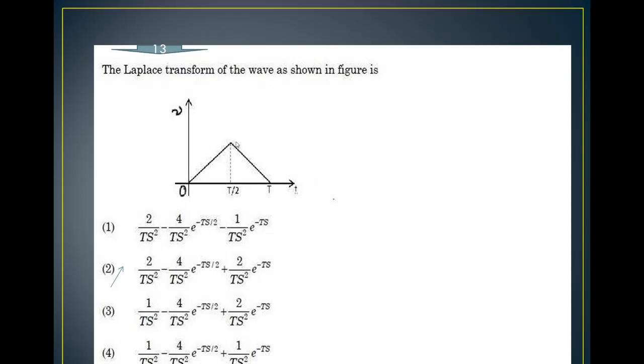So you can get the equation, write down this equation and simply transform. So you can see here the options, and the correct option is second, that is 2 upon ts square minus 4 ts square into e power minus ts by 2 plus 2 upon ts square into e power minus ts.